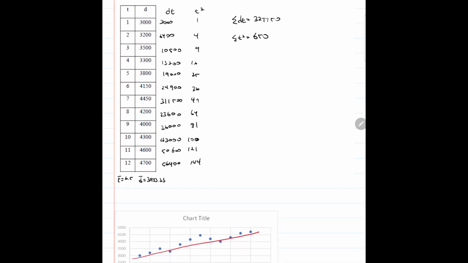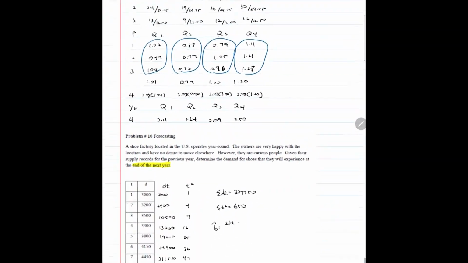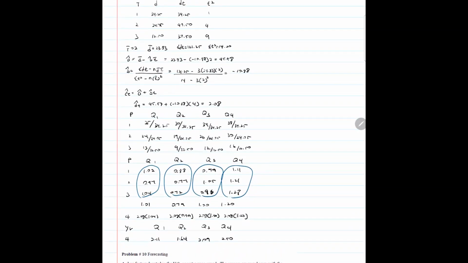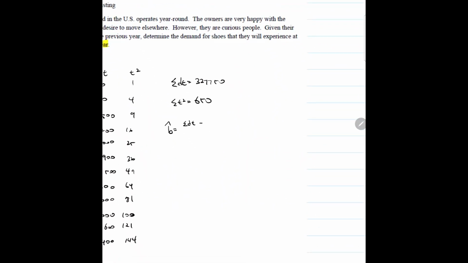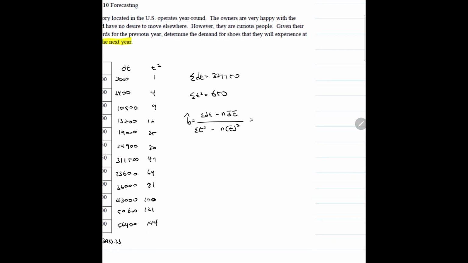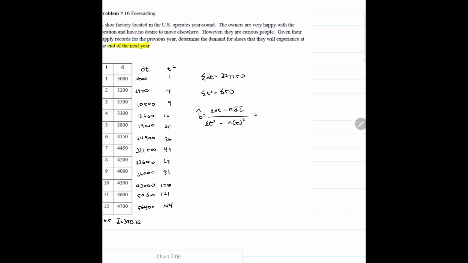Okay, so we first need the b hat, which is sum of dt. Is it minus or plus? Kind of forget. Yep, minus. Okay, let's just plug the values in where we calculate everything. So once you calculate everything, it's gonna be easy.